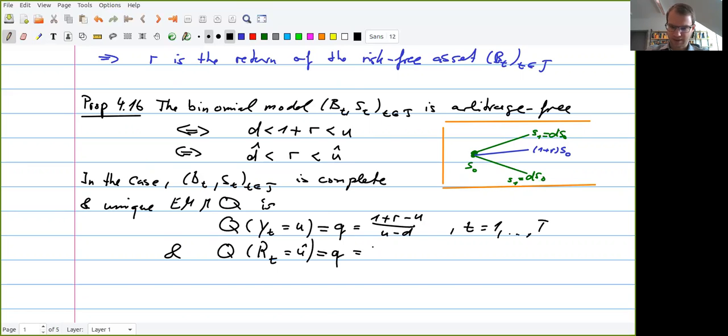And we can also rewrite this, just plugging in the definitions of u hat and d hat.